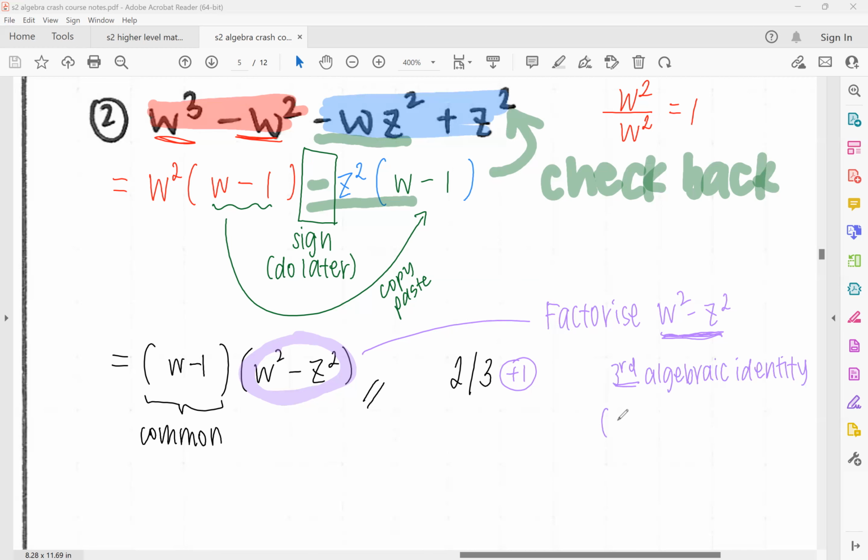Bracket A plus B. Yes. So this is our third algebraic identity. We still have our first and second, right?